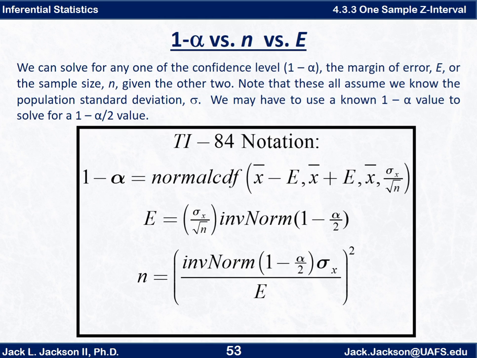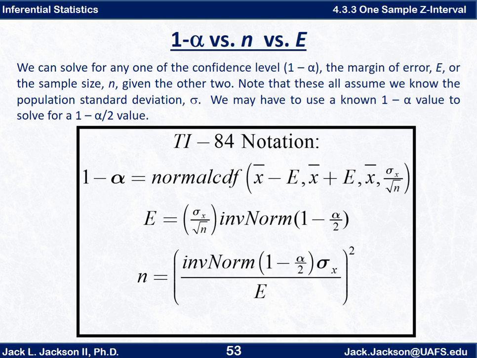And that's essentially 3 different versions of the same formula. The last one is solved for n, the middle one is solved for E, and the first one is solved for 1 minus alpha. We use the first one if we establish a margin of error and a sample size up front, we could use that one to solve for the confidence level.